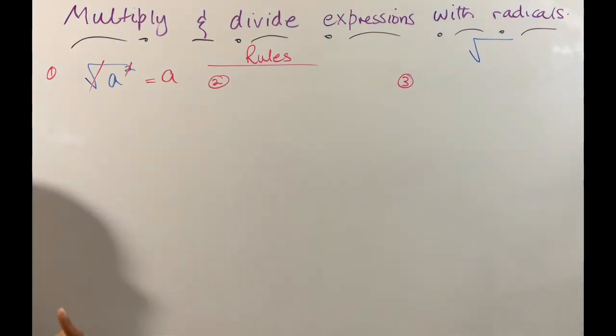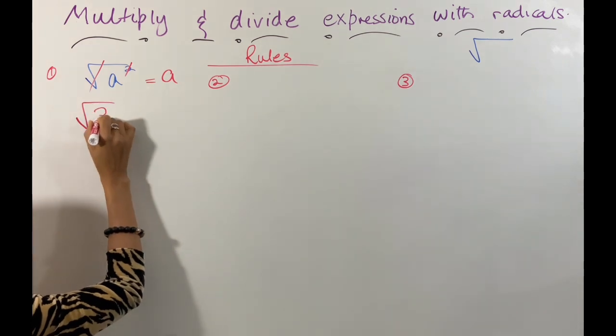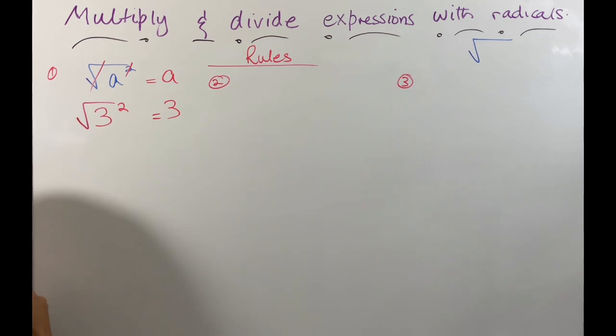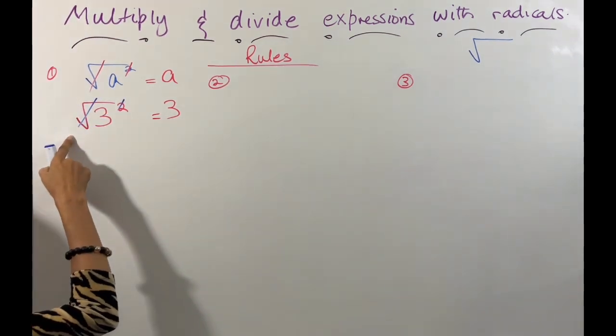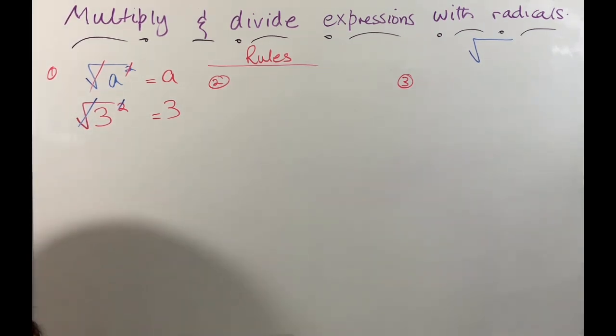And we can also take this further and say that the square root of a number, say 3 raised to the second power, is going to be 3, because when we cancel out the exponent with the radical sign, we will get 3. Okay, so that's the first rule.